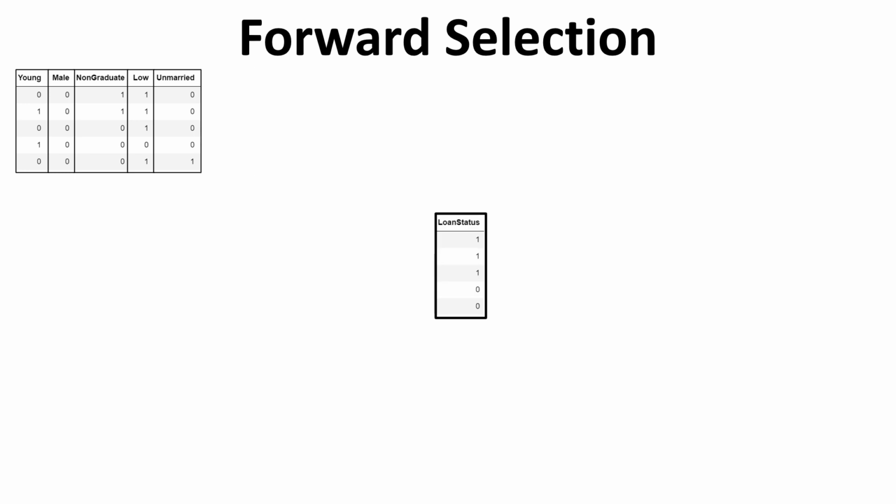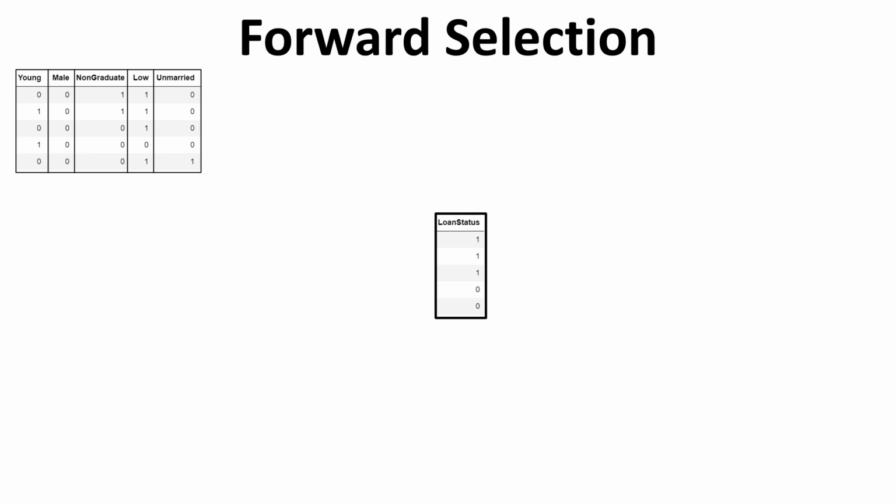Now out of all the five independent features, we're going to pick each feature one by one, train the model, and take note of accuracy, or whatever scoring technique you want to use. Here we are going to use accuracy, and take note of that and then proceed further.